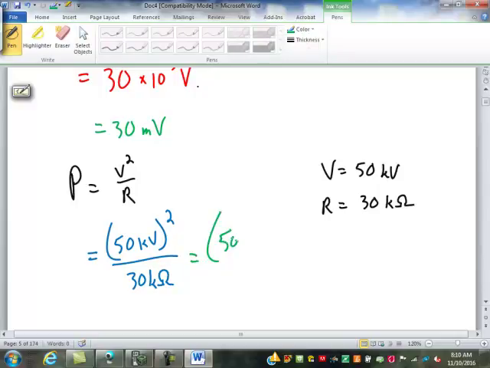So this is going to be 50 times 10 to the third volts squared over 30 times 10 to the third ohms.